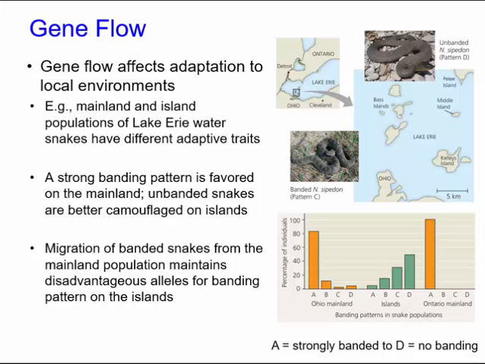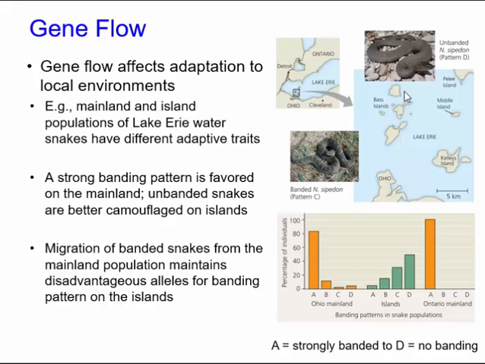So the example in the text, and this is a really nice example, is water snakes in Lake Erie. On the mainland in both Canada and the United States, Ohio and Ontario here, you have snakes that have a very strong banding pattern, and that's favored in terms of camouflage.